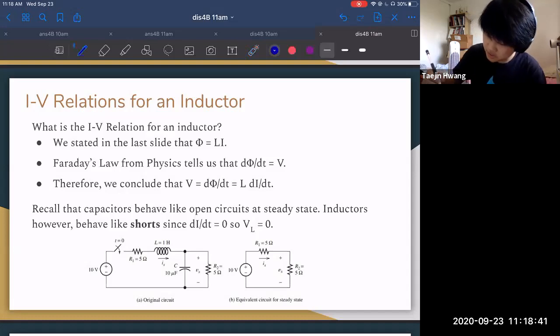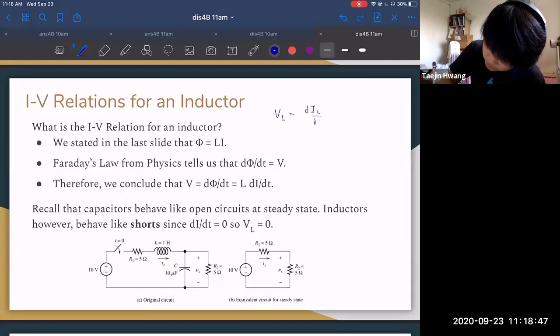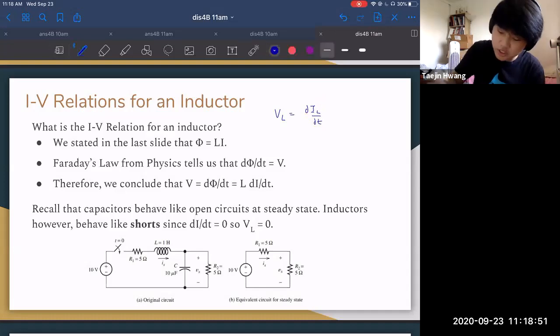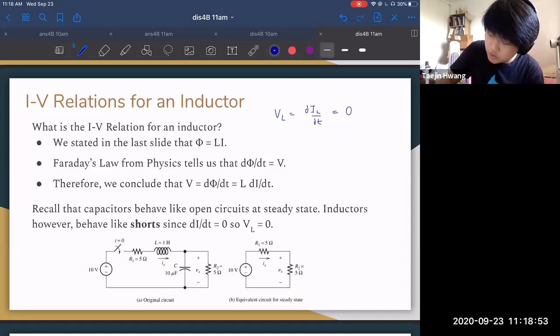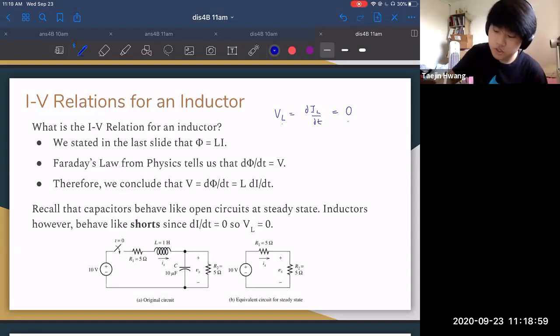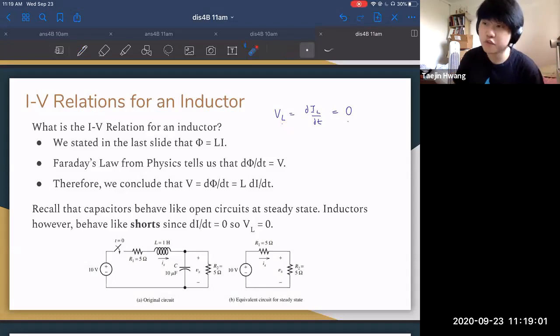You can kind of see this since VL is equal to L di/dt. When the current stops changing, in other words, when di/dt is equal to 0, you'll notice that VL is equal to 0. So an inductor will have no voltage difference across it at steady state, meaning it behaves like a short circuit.